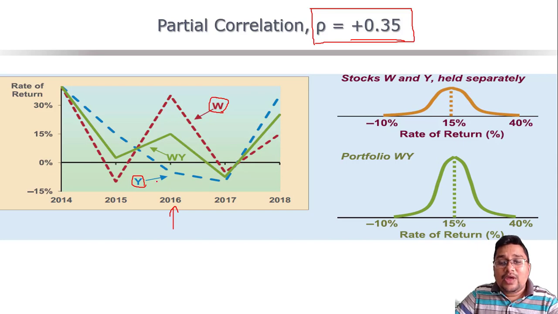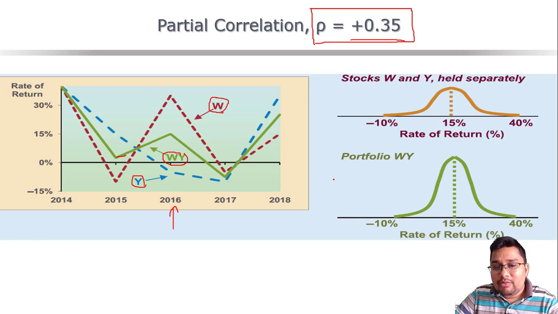So you can see we still have some diversification benefit. If we look at the curve for the portfolio WY, we can see that the variability of W and the variability of Y have been combined, and it has less variability compared to the variability of the return of W and the variability of the return of Y.